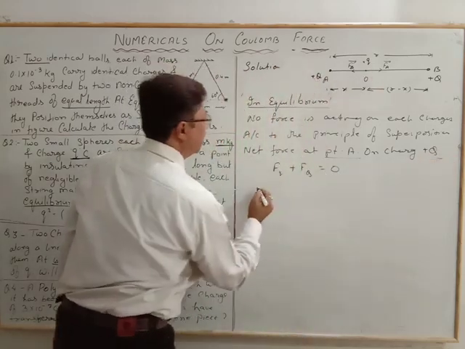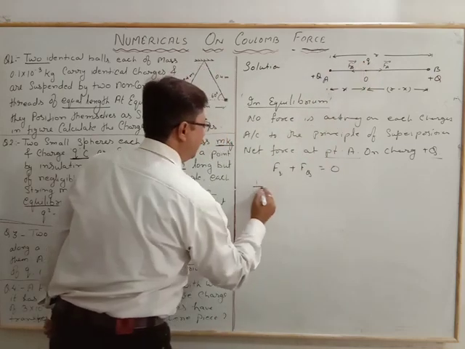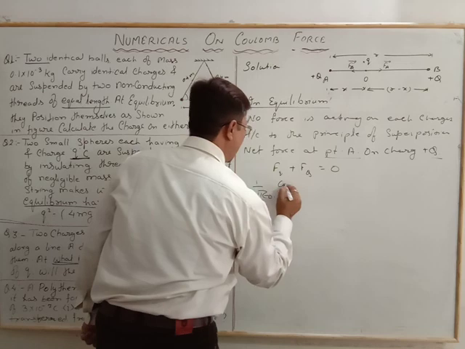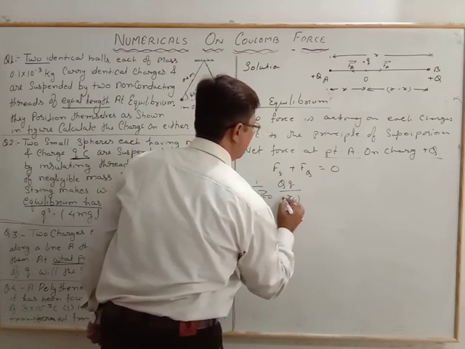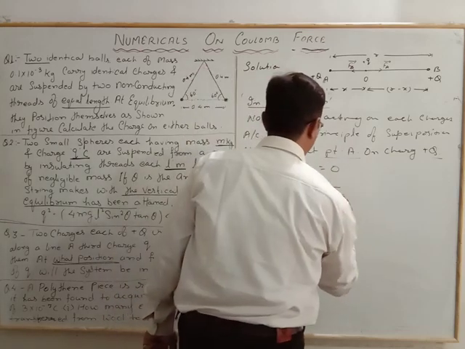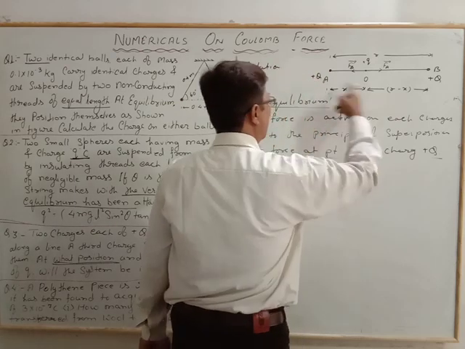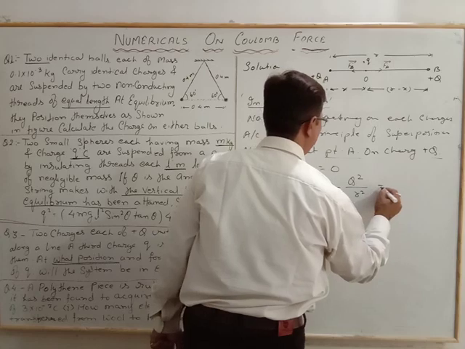So in this, we will write, for the charge small q, 1 by 4 pi epsilon naught, capital Q, small q, and the distance is r by 2 whole square, plus 1 by 4 pi epsilon naught, capital Q square, both sides capital Q, and the distance is r square, that is equal to 0.